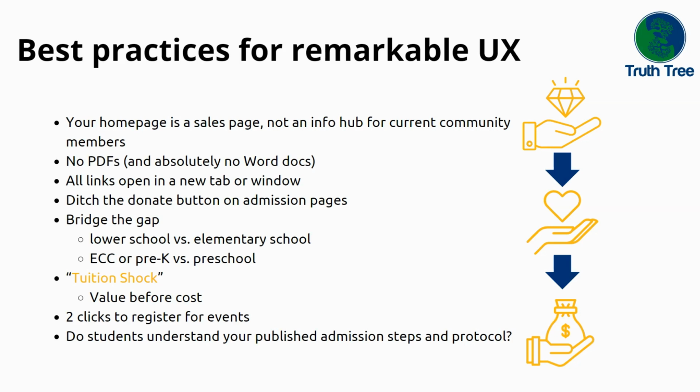And then do students, here's another great one. Your admission steps to apply, all the paperwork that's needed, all of those things. Get a 4th, 5th, 6th grade student to go onto that page and spend time on there and then explain to you what the process is. And if they can't do it, you need to make it so they can do it.